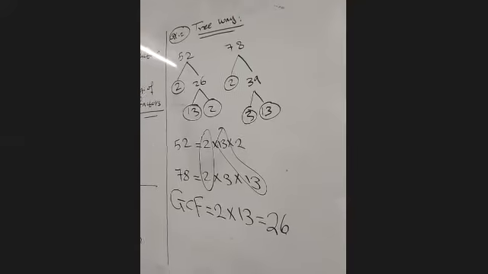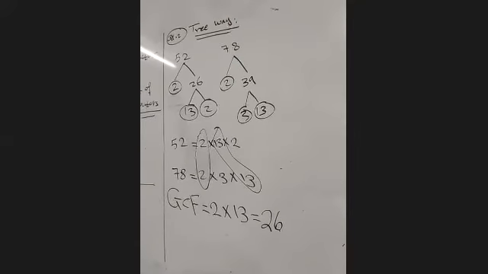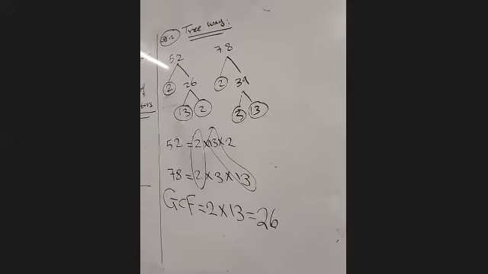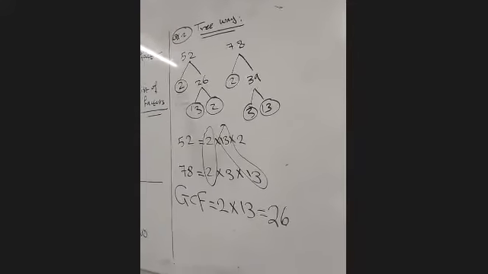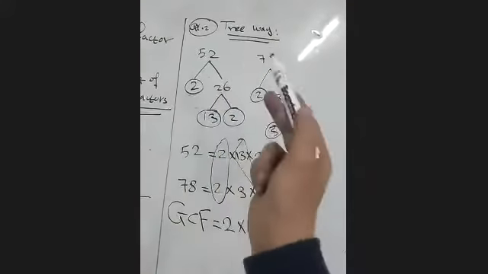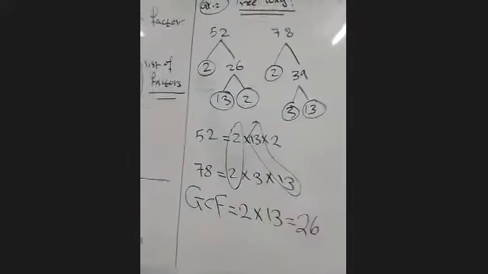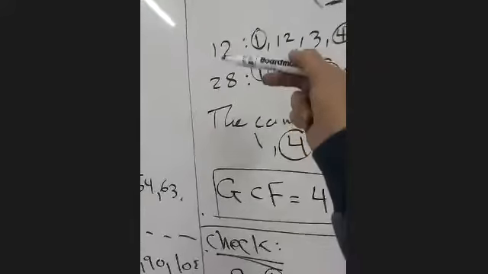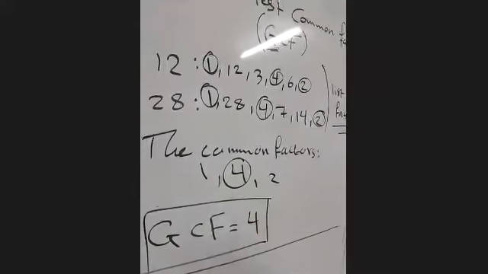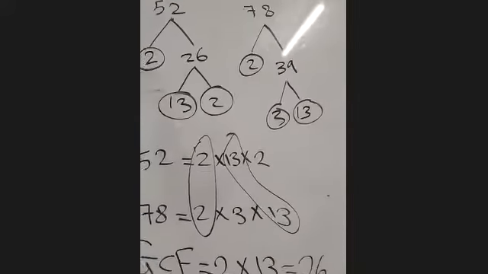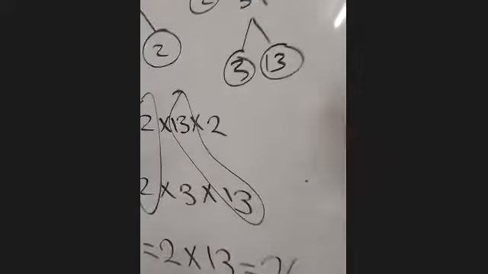But for me, I need to advise you. If you have big numbers like these, use the tree way. If you have small numbers, use list of factors. It's better. So small numbers, list of factors; big numbers, tree way. But it's up to you. It's your choice.